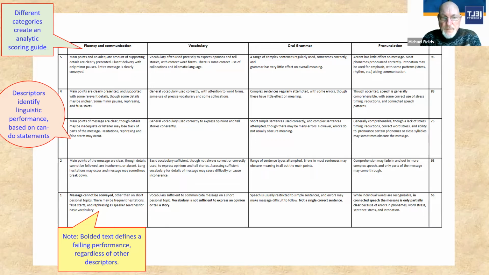So in other words, if these bolded statements occur, then we're not going to go above. So this is a kind of ceiling, actually, and we're not going to go above a 1, or that translates to 55%. No matter what other aspects of performance we might see in fluency or vocabulary, etc. If they cannot manage to meet these ceilings, then their score is limited to that level.